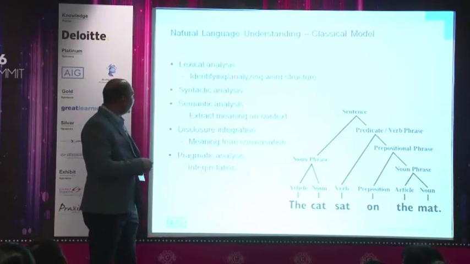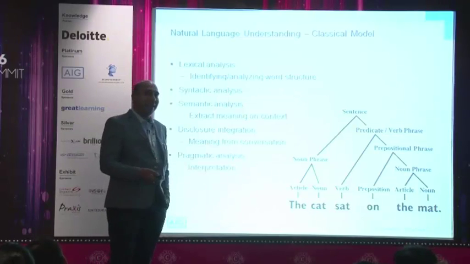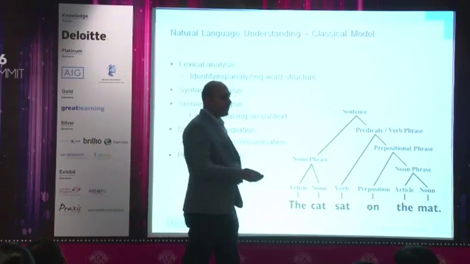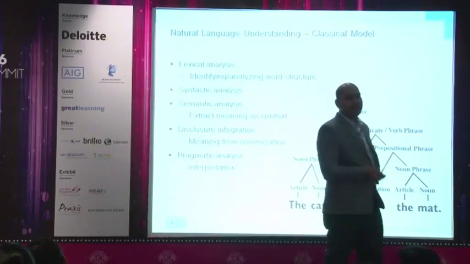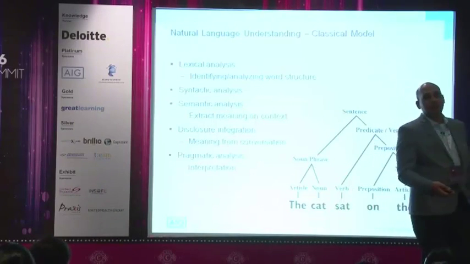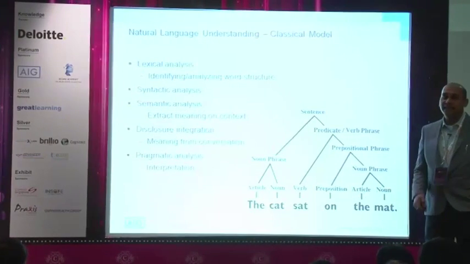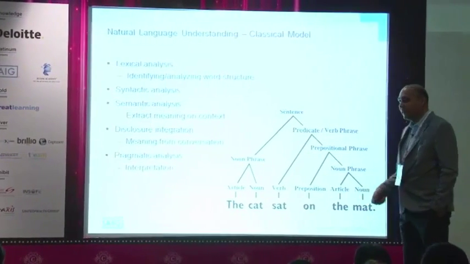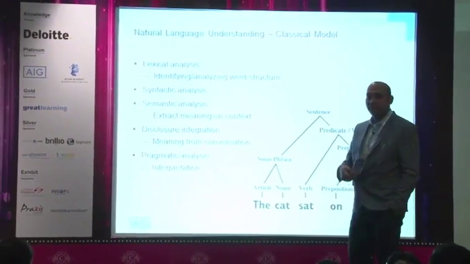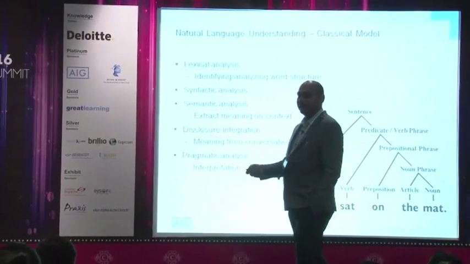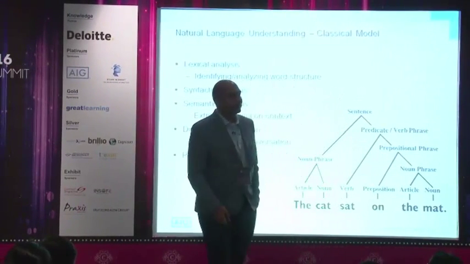So that is lexical analysis. Syntactic analysis is very simple. It is basically capturing the syntax of the sentence. So the was the first word of the sentence, and mat was the last word of the sentence, and if there was a comma, an exclamation mark or something, that is captured.